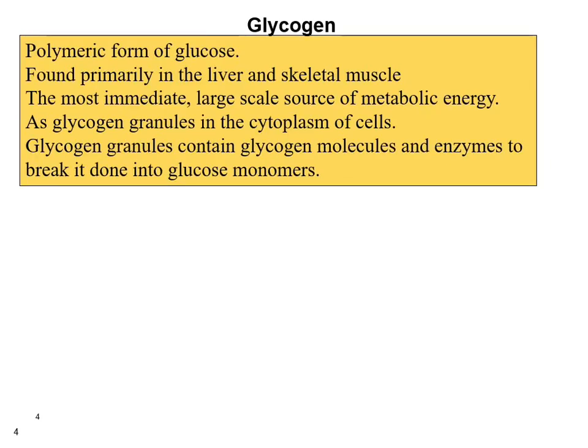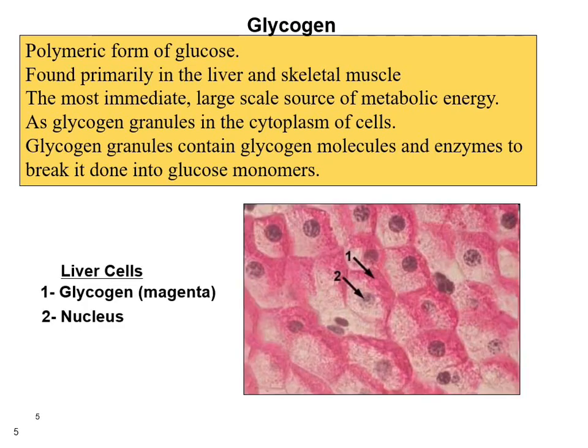And so if we look at a liver tissue here, you can see many cells in this image on the right-hand side. The dark red or almost purple color is the nucleus of each cell. And then the lighter reddish pink color is the staining of glycogen.